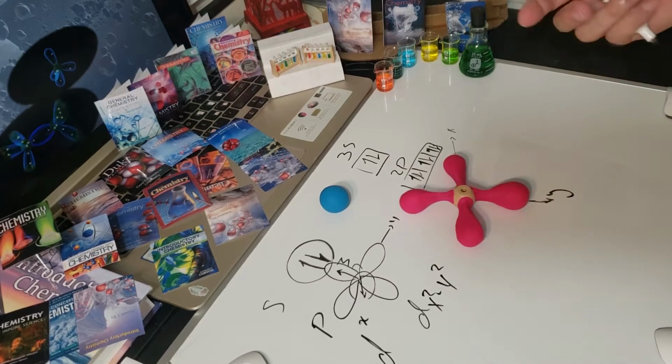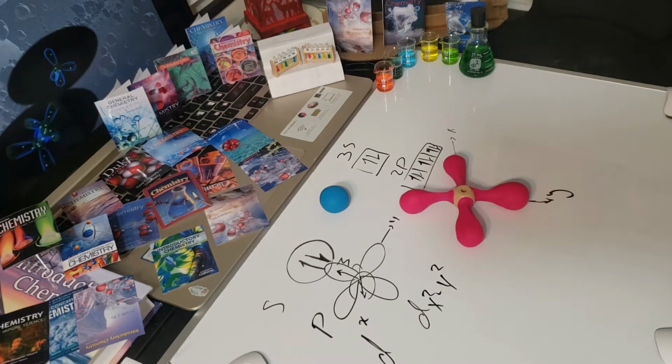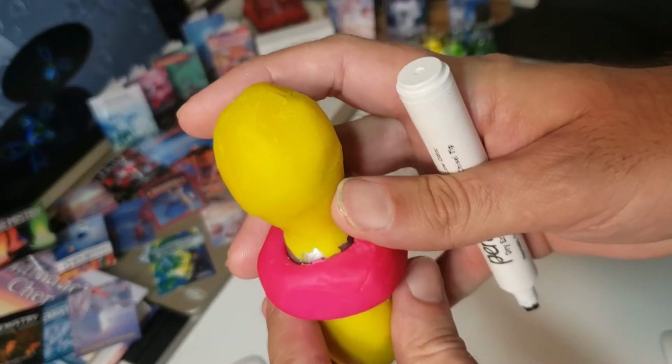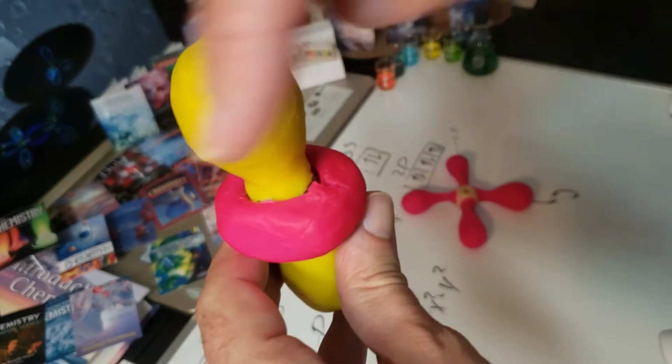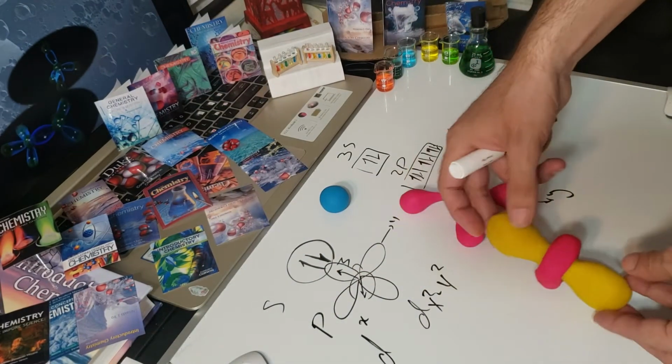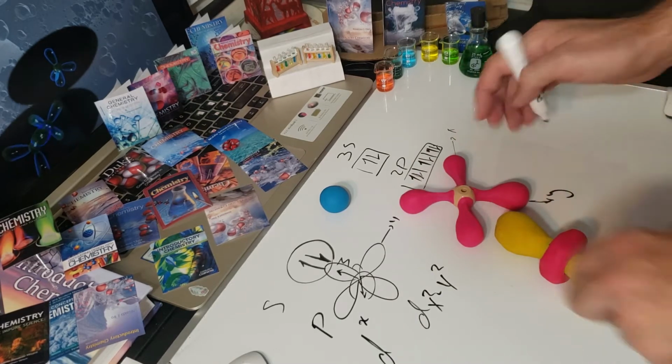There is also one other peculiarly shaped orbital called dz2 that I have a representative of. It's just a donut shape around a dumbbell. As the name implies, it's in the z direction.